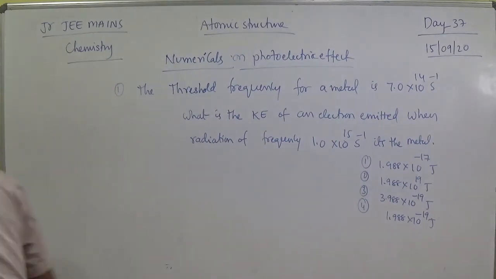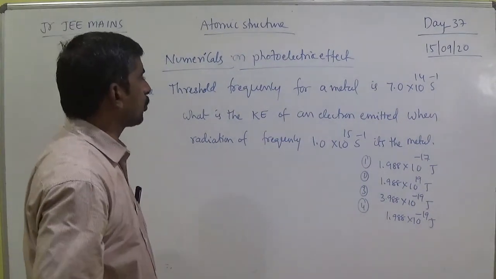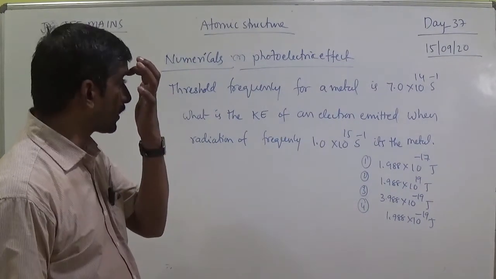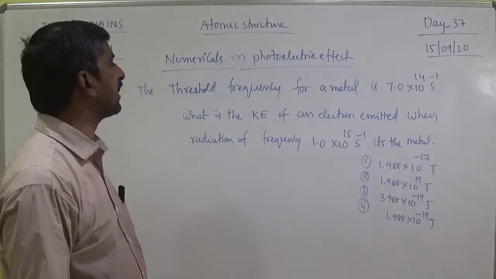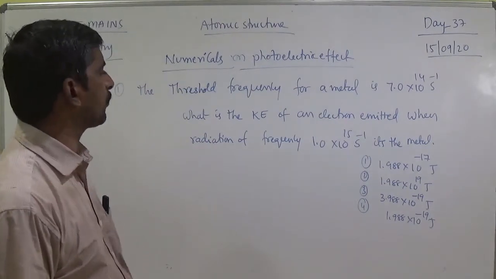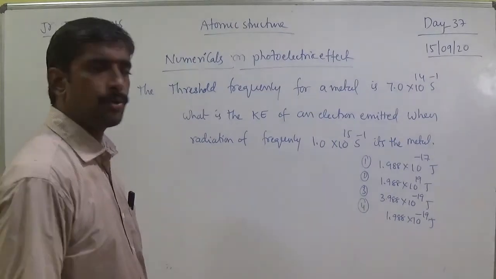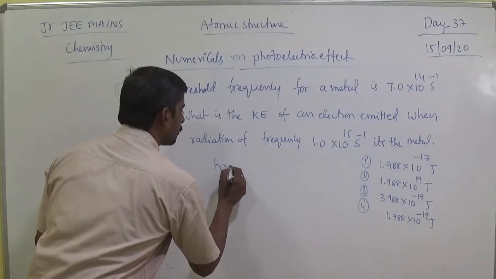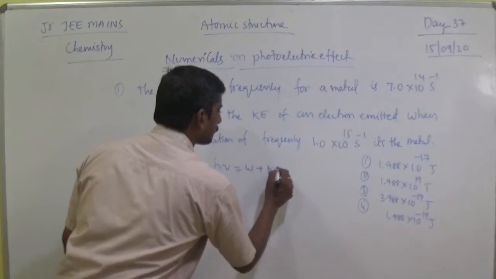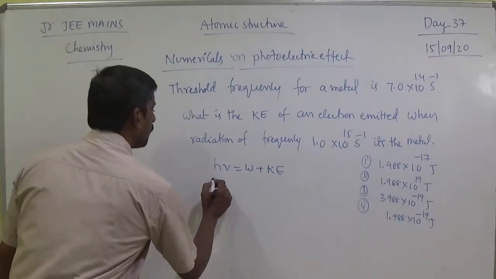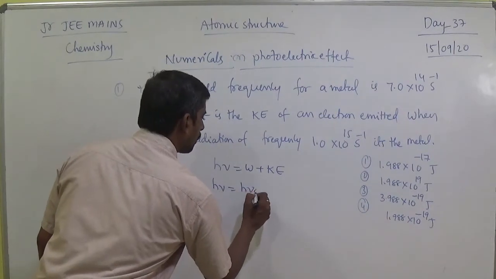In this case, the threshold frequency for the metal is 7 × 10^14 s⁻¹. What is the kinetic energy of an electron emitted when radiation of frequency 1 × 10^15 hits it? Here we are applying the formula hν = W + KE, that is, hν = hν₀ + KE.